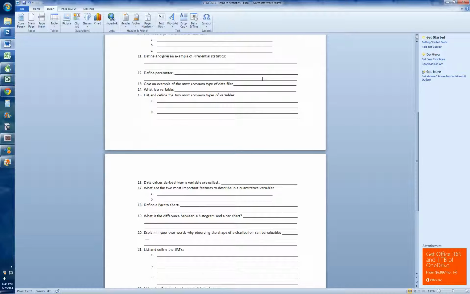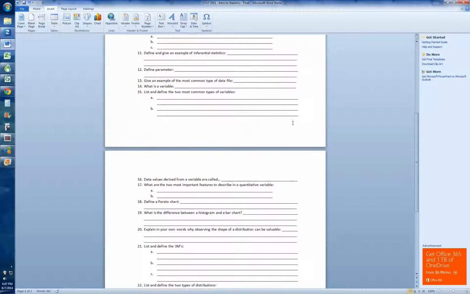The parameter is the whole potential population there, right? Okay, so parameter is the values for the entire population being studied, right? Okay. All right.